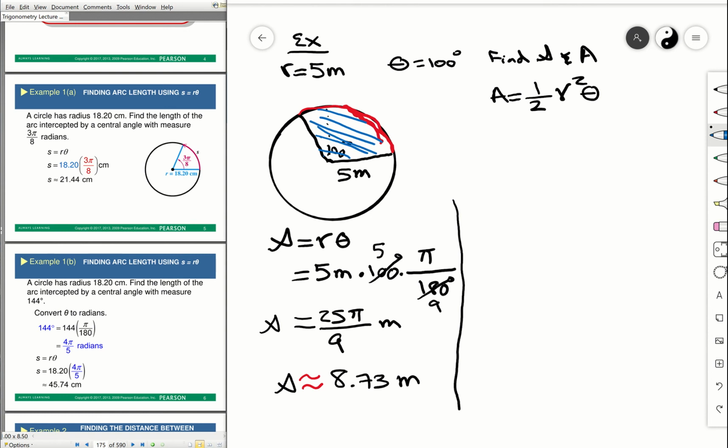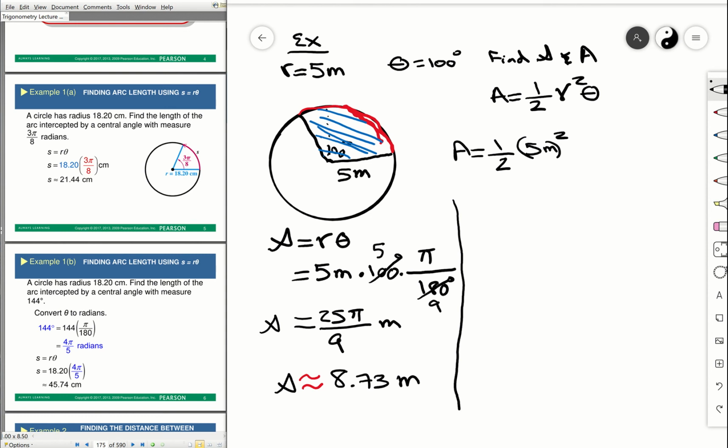All right, so we're going to get A equals 1/2. For r, we're going to plug in the 5 meters and square it.